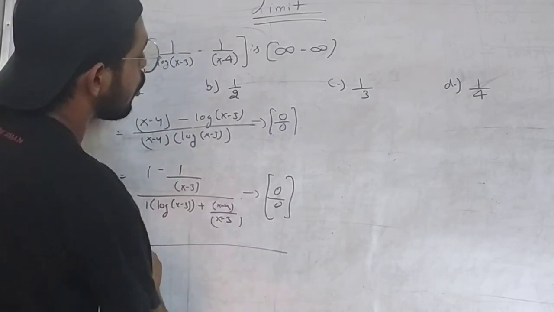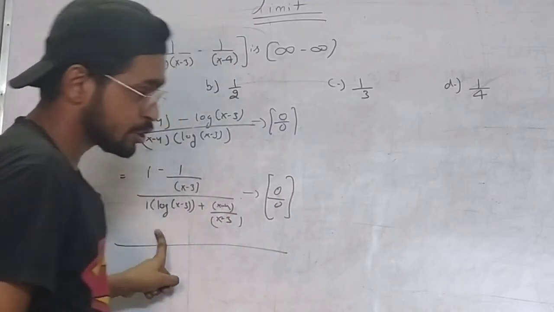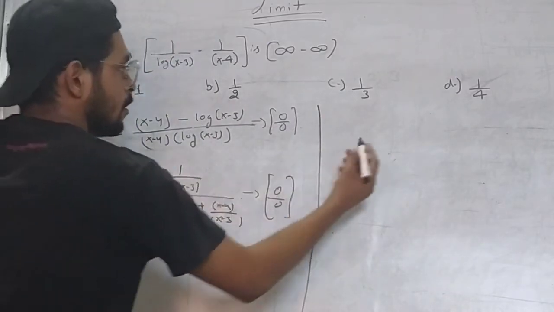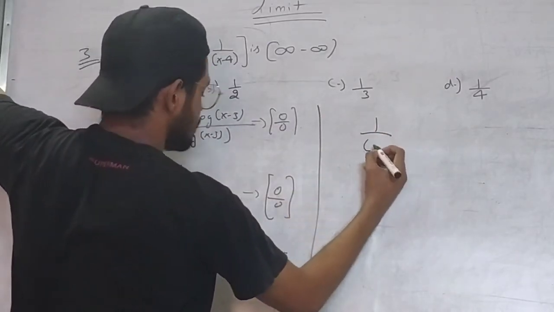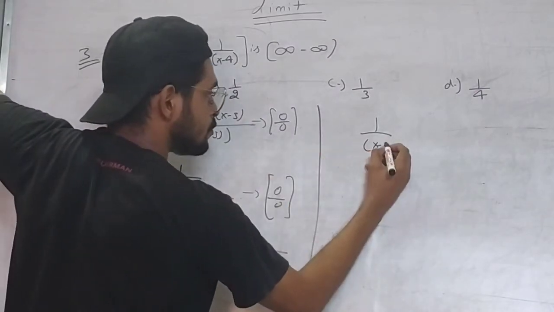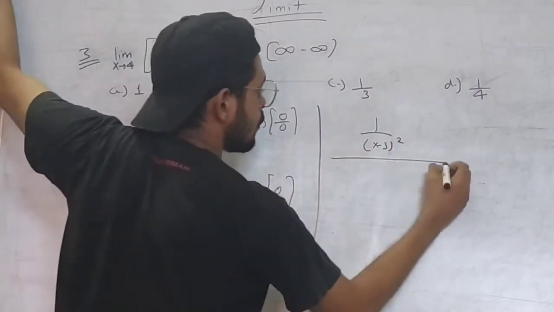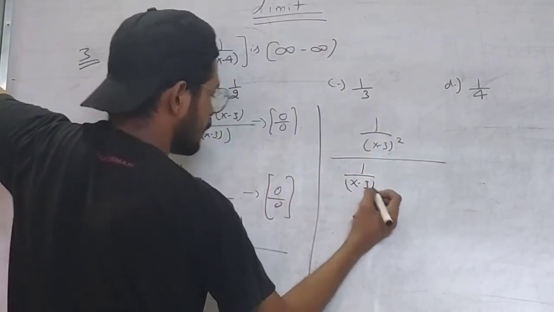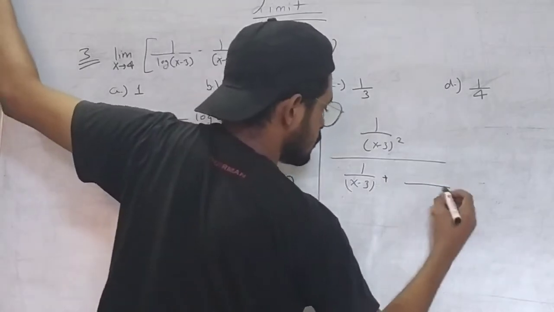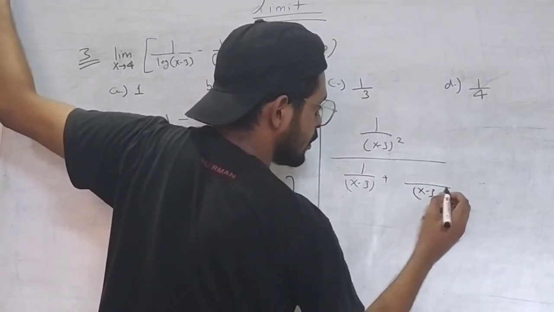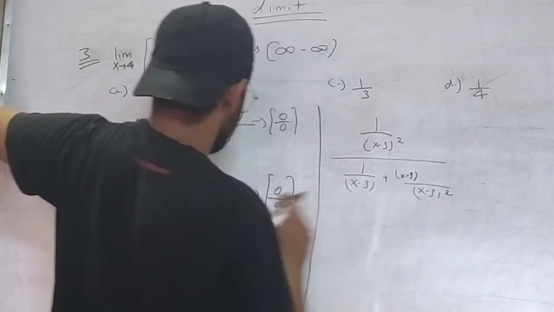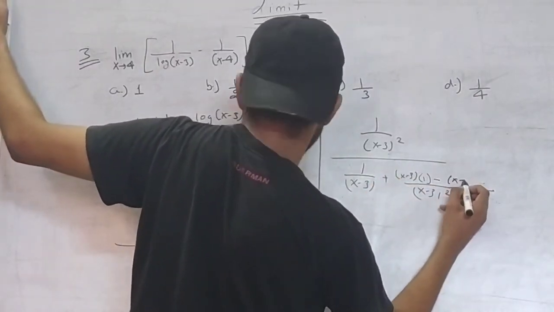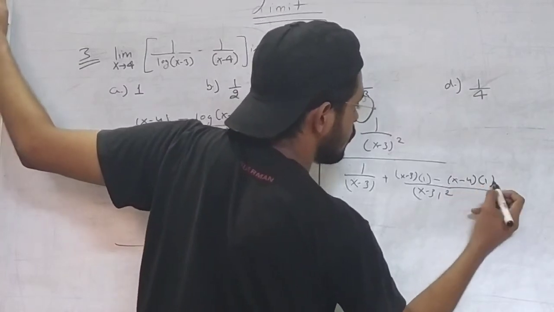So we have to apply L'Hopital rule again in that function. Let's differentiate this one also. Plus x minus 3 whole square, x minus 3 as it is, this will be 1 minus x minus 4, this will be 1.